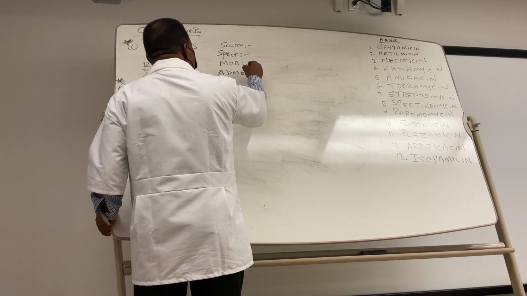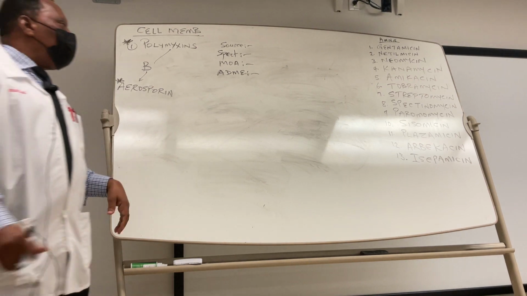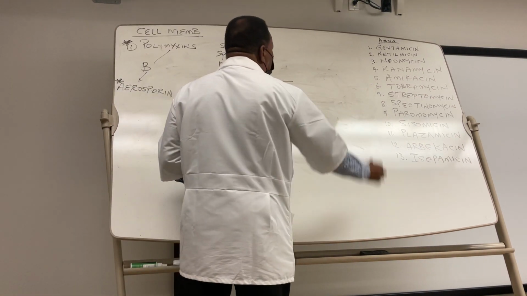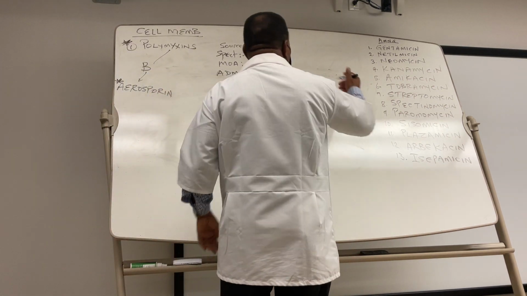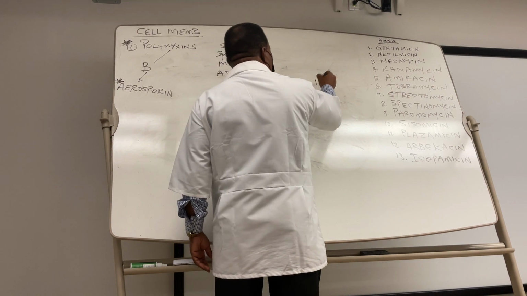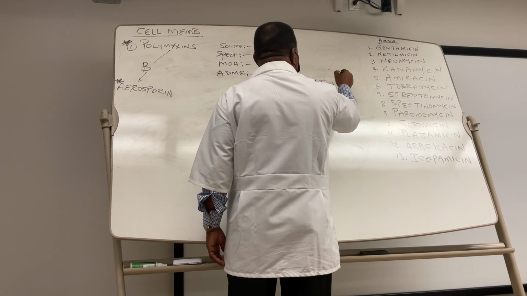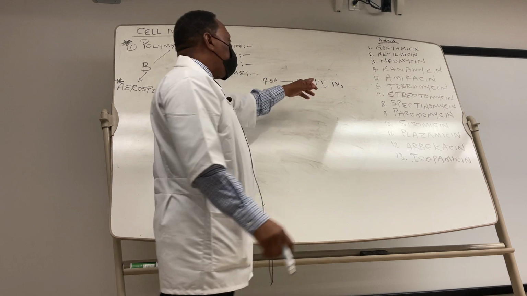And a little bit about the ADME. With ADME, we always start with the route of administration. For Aerosporin or polymyxin B, you can give it intramuscularly, and you can give it intravenously. It can also sometimes be given intrathecally.